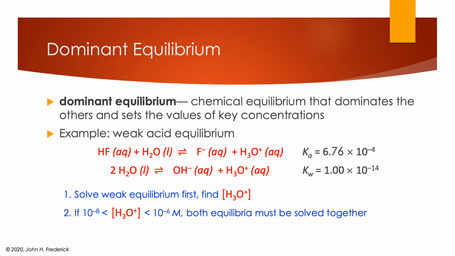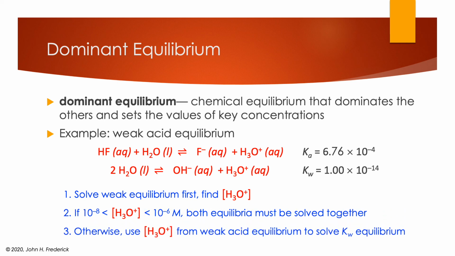We can't just take one, solve it, and apply it to the other one. However, if the hydronium ion is not within that narrow range, then we could use that hydronium ion from the weak acid equilibrium, plug it into the equilibrium expression for Kw, and solve for OH minus, for example.